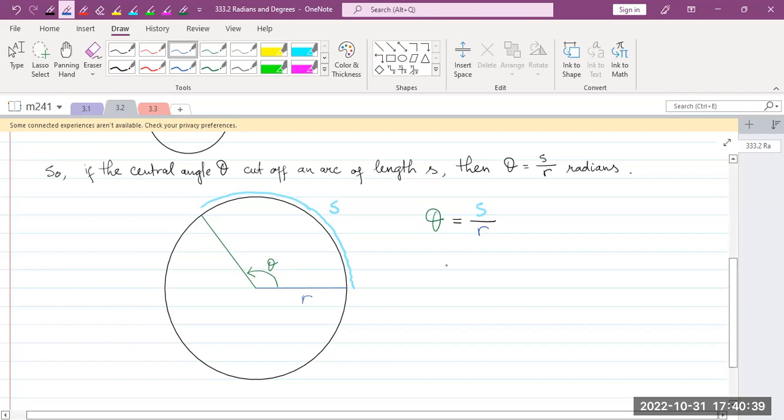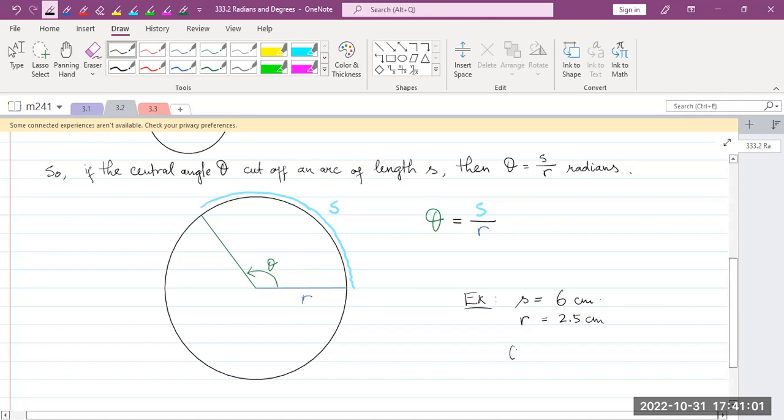Okay. Let's do a very short example. Suppose the arc length cut off by the central angle is 6 centimeter, and the radius r is, let's say, 2.5 centimeter.